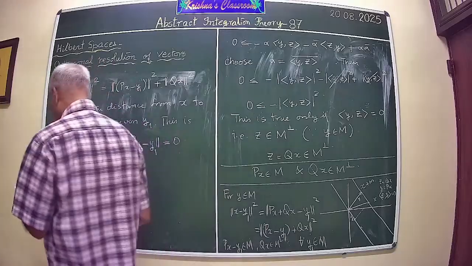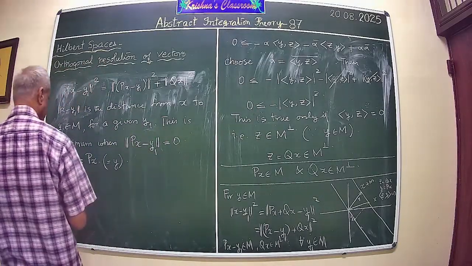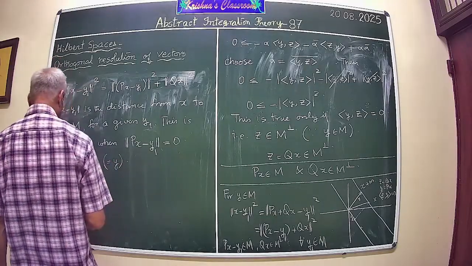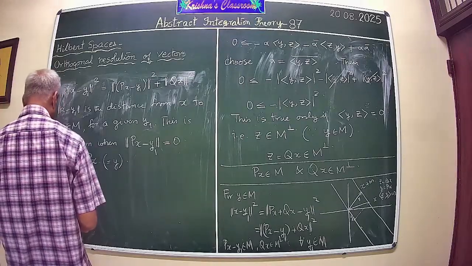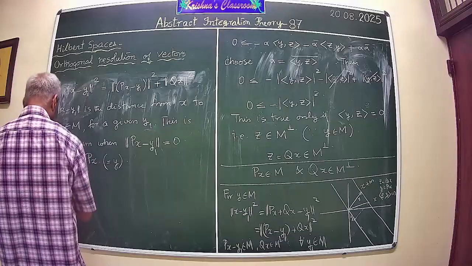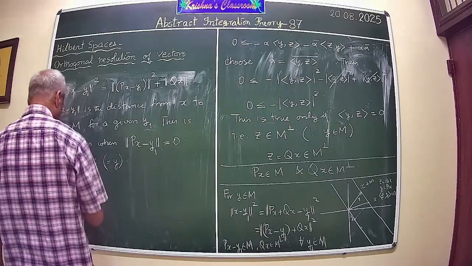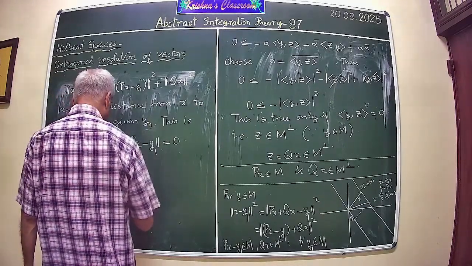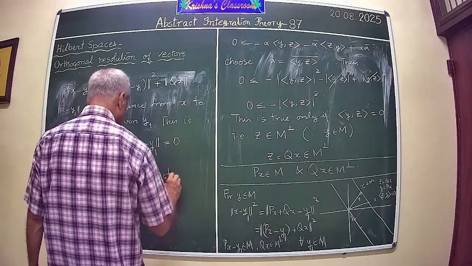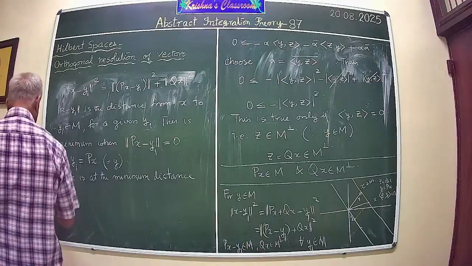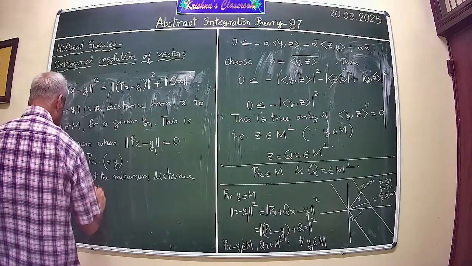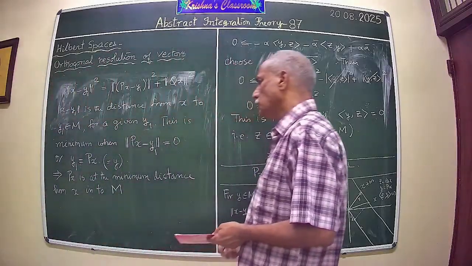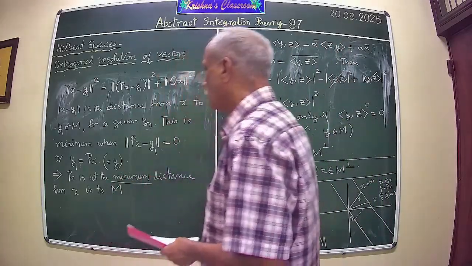Therefore, at the minimum distance from x into M. So this is the minimum part.